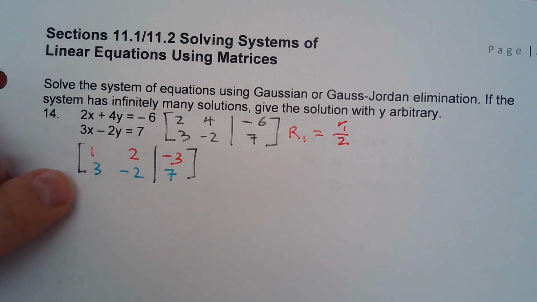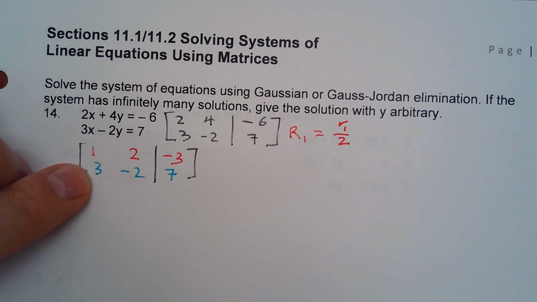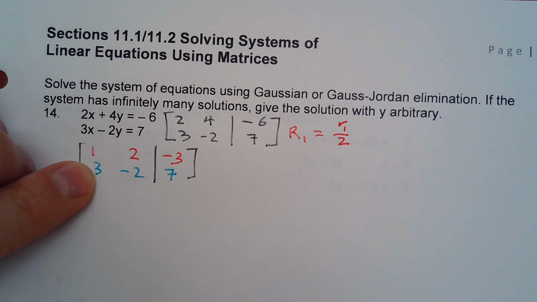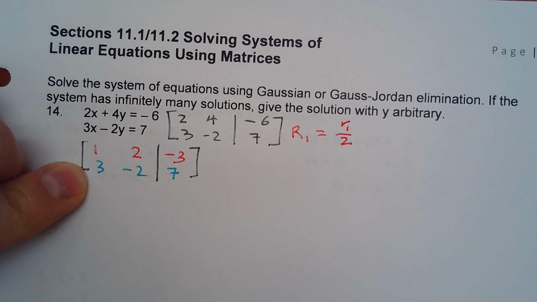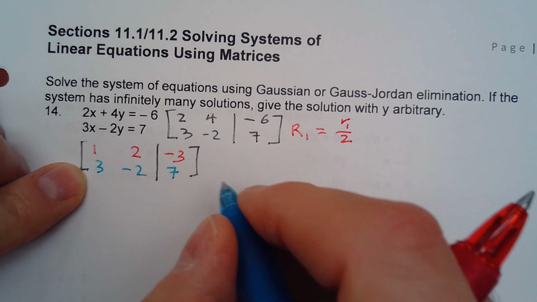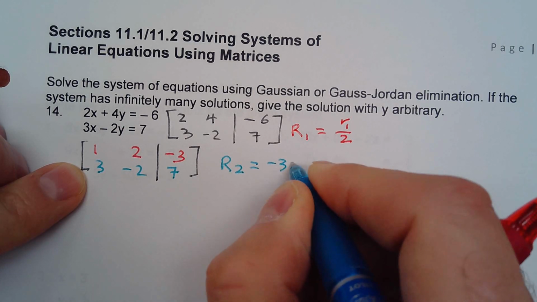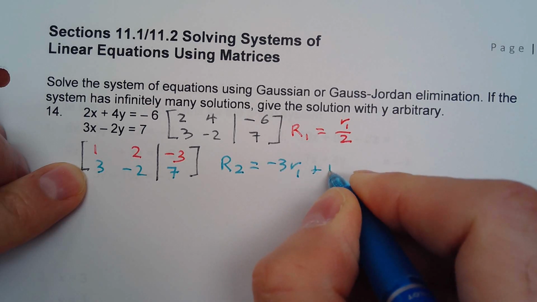My next step, I just need to get a 0 down here where there's 3 at. So step 2 is to multiply row number 1 by the opposite of 3, which would be negative 3, and add it to row 2. So notationally, it's row 2 equals negative 3 row 1 plus row 2.